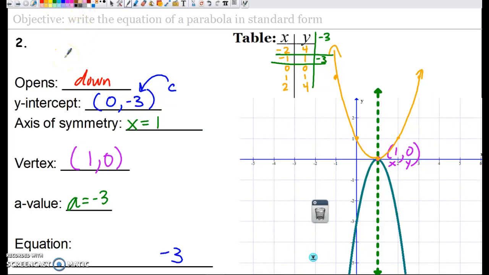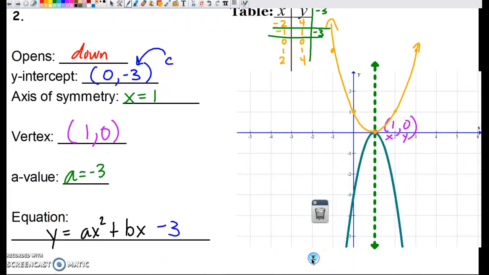Now, again, I said that my goal is to write the equation. So at the very end here, I know that my equation has to be y equals ax squared plus bx plus c. And I know what c was, it's negative 3 because that's the y-intercept. Now to find out what a and b are, well, I know what a is already. I can put the a in there. The a is negative 3.